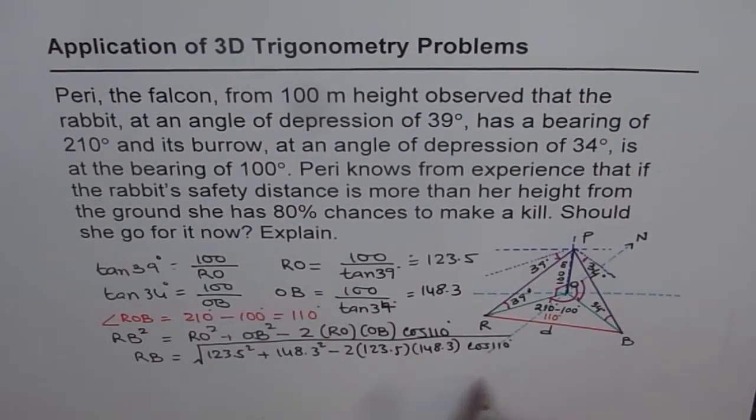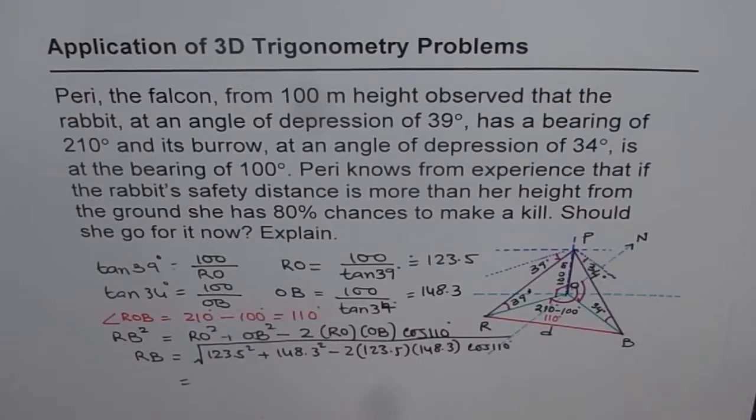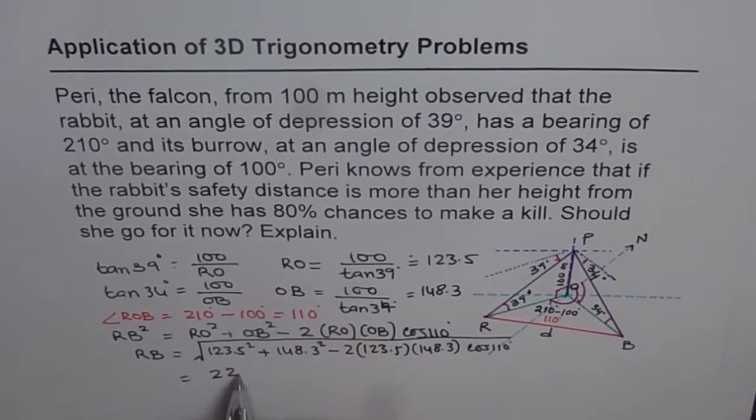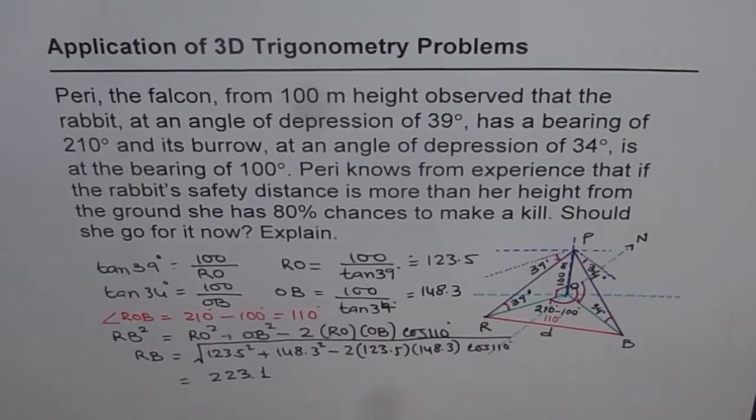So let's do that: square root, and within brackets 123.5 square plus 148.3 square minus 2 times 123.5 times 148.3 times cos of 110, bracket close, equal to. We get 223.09, let's say 223.1.